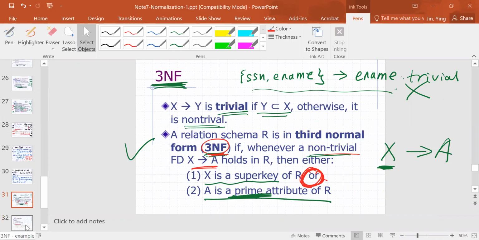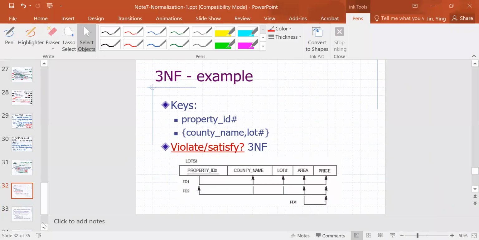So this basically depends on your understanding of the super key and the prime attribute. Actually, I want to show you one thing. Let's use this example here. In this example, I'm going to give you two keys.